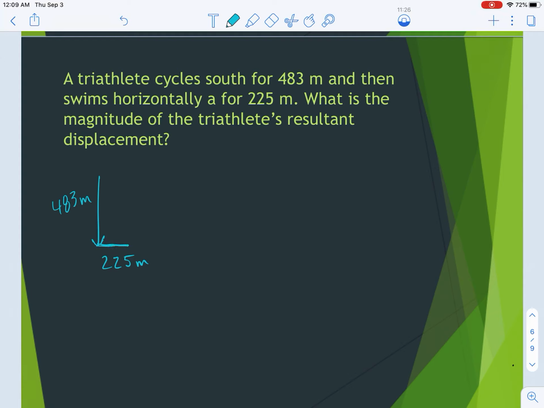Now, how do I know how short or how long it should be? If I'm working on graph paper, then I'm going to use the grids to help me determine what those lengths should be. If I'm doing something like this example where it's just on plain paper, I need to basically do my best to draw them to scale. So 483, 225, it's about half the length for the second vector than the first because it's about half the magnitude.